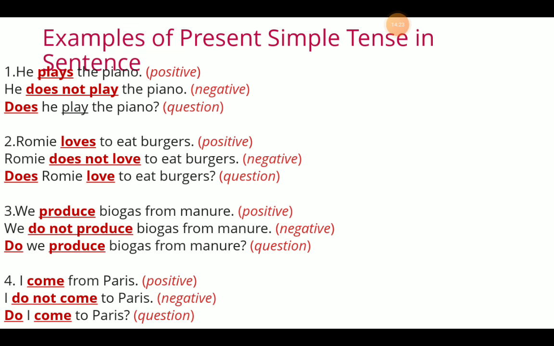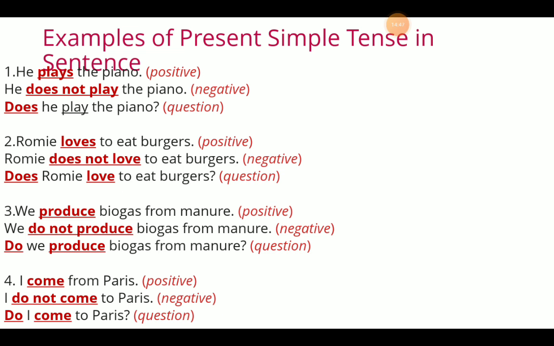And then the second, third, fourth sentences, you try to understand and try to do on your own. It will be very helpful both for your writing task as well as for the speaking process, because tense is a basic one for learning English, to be fluent in English.